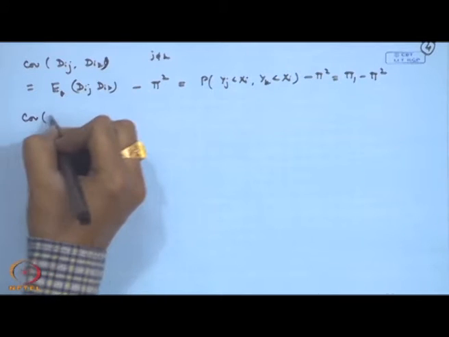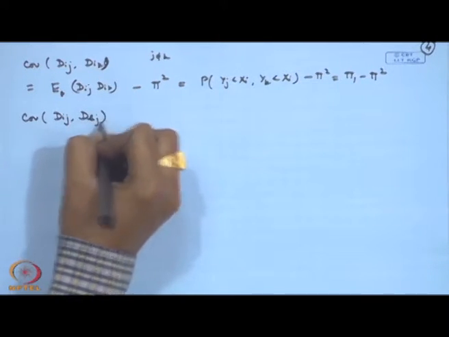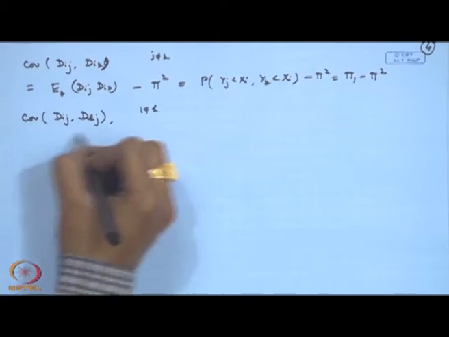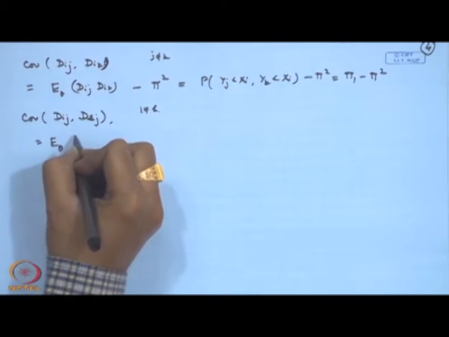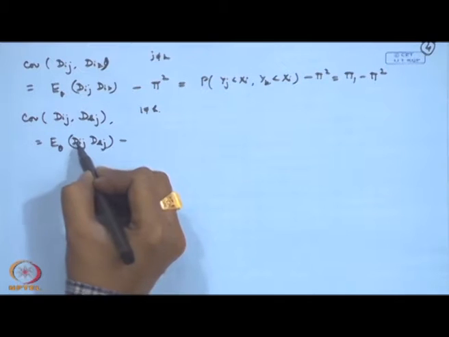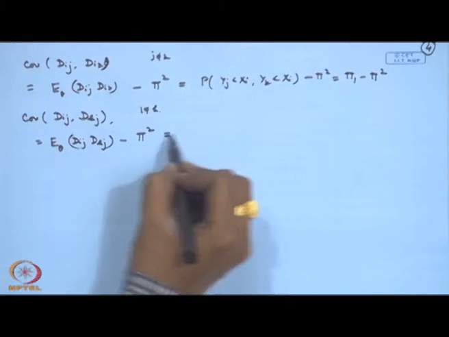Similarly, if I look at the covariance between d i j and d h j term, where I is not equal to h, then this is equal to expectation of d i j d h j minus expectation d i j into expectation d h j, both are pi. So, this is becoming pi square.